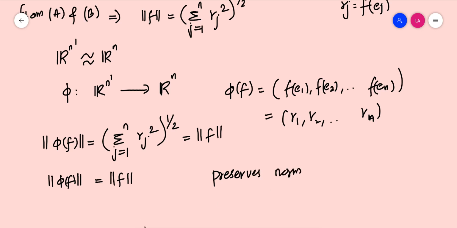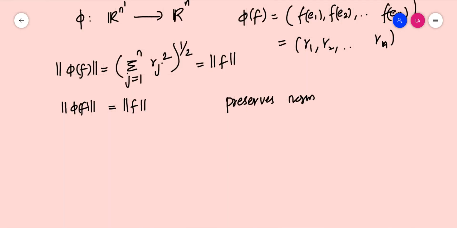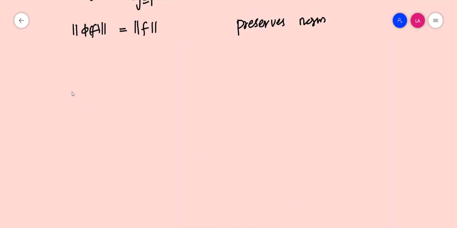Now we have to prove that it satisfies the two other conditions as well: it satisfies linearity and it satisfies the 1-1 property. So next, phi is linear. For that, we consider phi of (alpha f1 plus f2).